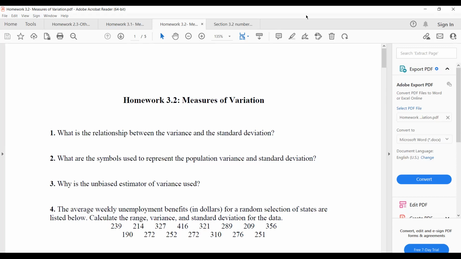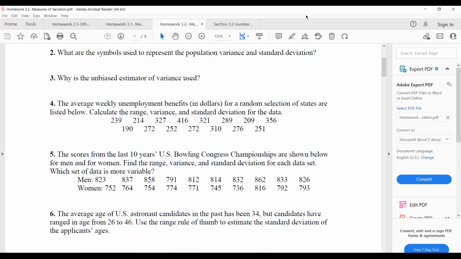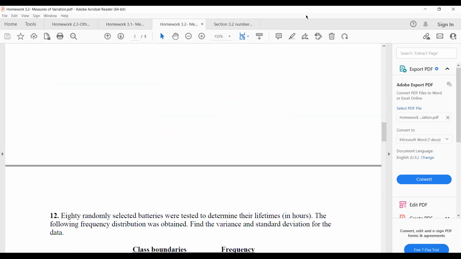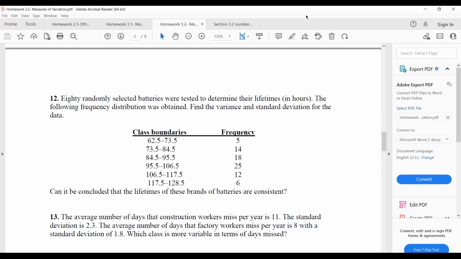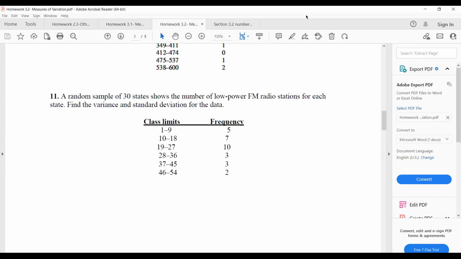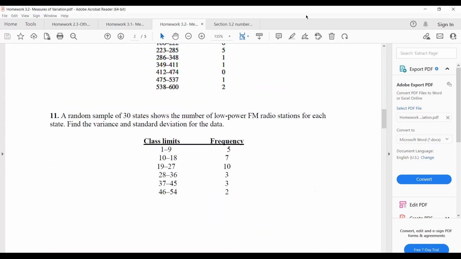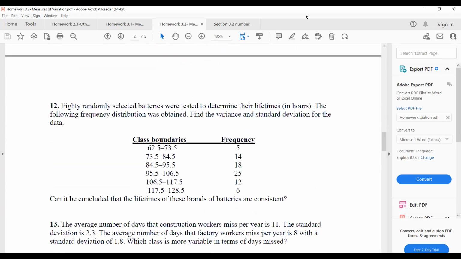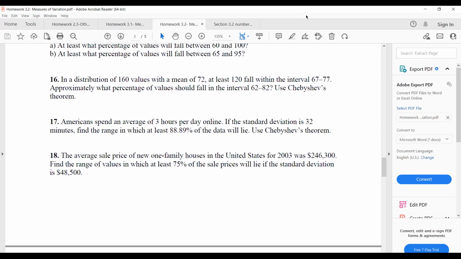Right, K is 3, so now I need to figure out, I'm 3 standard deviations away, K is 3, so what's S? Let me see the problem again. Number 17. So if the standard deviation is 32, find the range in which 80, so now this average.